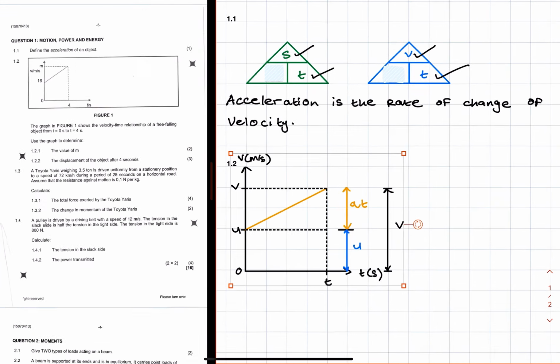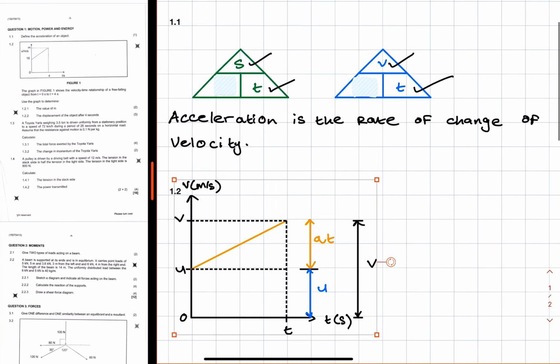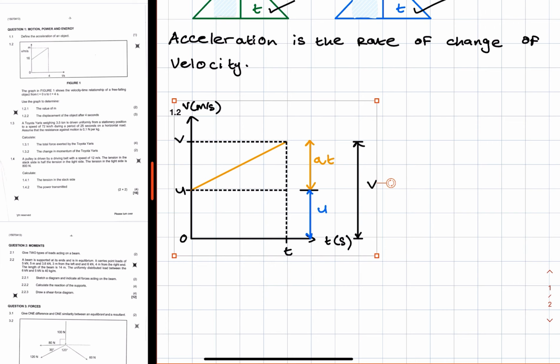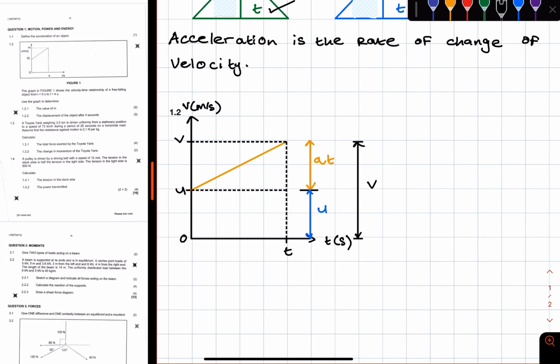We use this velocity time graph to derive all of our kinematic equations, otherwise known as equations of motion. So you would have the initial velocity from 0 to u, that's your initial velocity, and then from 0 to v would be your final velocity.